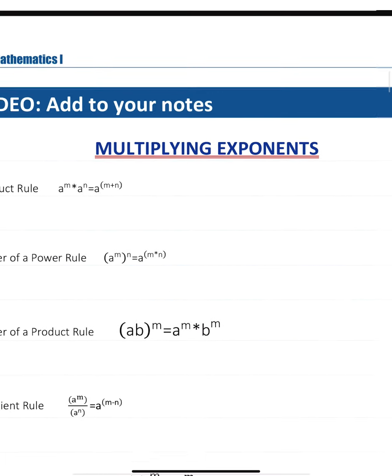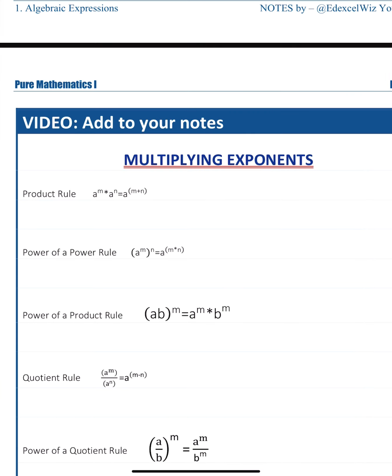I'm just writing these out, and I want you to do the same because it might help you when you're actually writing them down, because that's what you'll be doing for the exam, right? So I'm going to write these down. When you have one exponent and then you multiply it by another exponent, the key here is to make sure that the bases are the same.